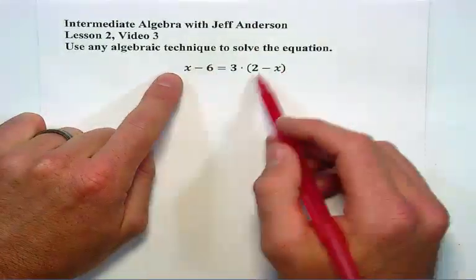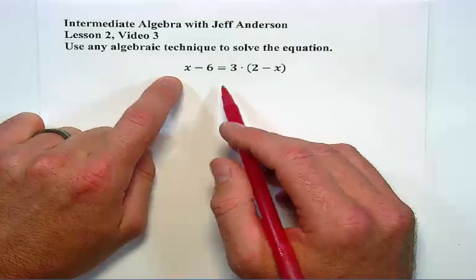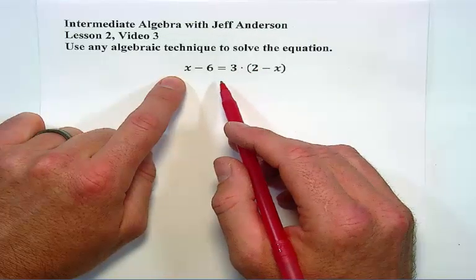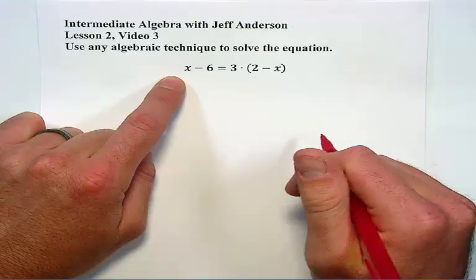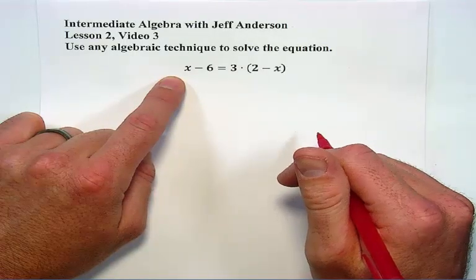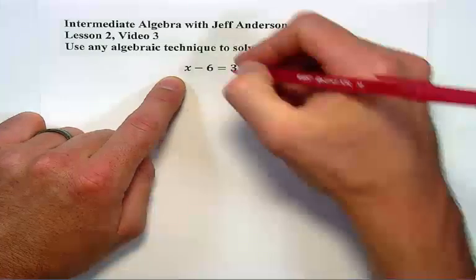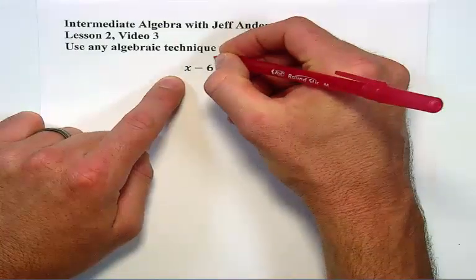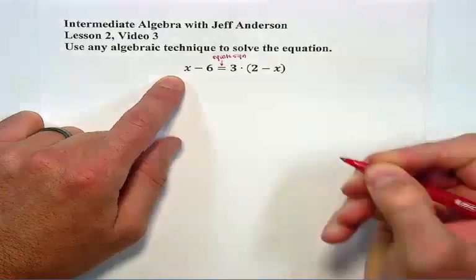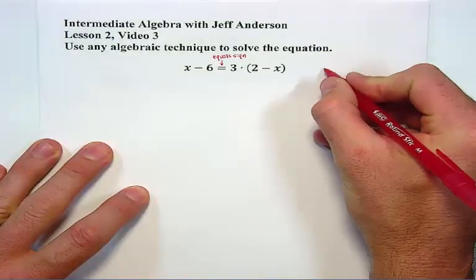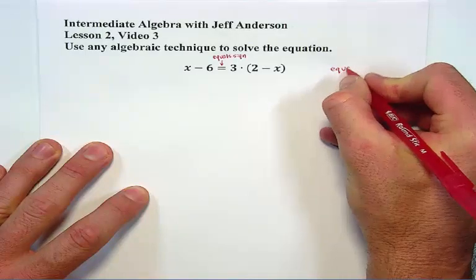Here's some math stuff, a bunch of math symbols on the page. There's a math statement. We're going to ask ourselves a simple question. Is there an equal sign? Yep, there is. This is an equal sign. The moment we see there's an equal sign, we're going to call this thing an equation.